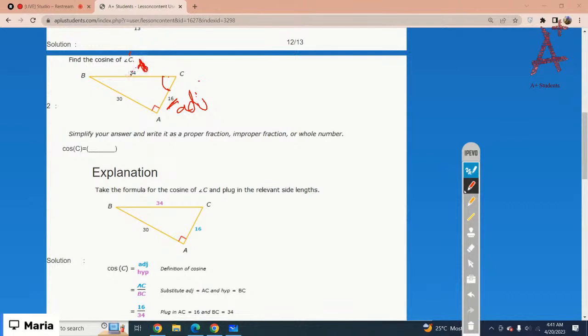So it will be 16 divided by 34, so it would be 16 over 34. Let's just start with the test questions.